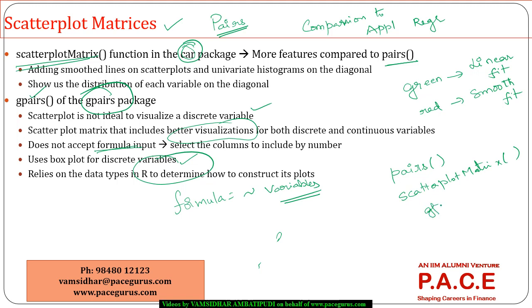But if I have some kind of ordinal data, the gpairs package with the gpairs function is much more appropriate compared to your scatterplotMatrix function, right? So these are the different kinds of pairs visualization that we can do.